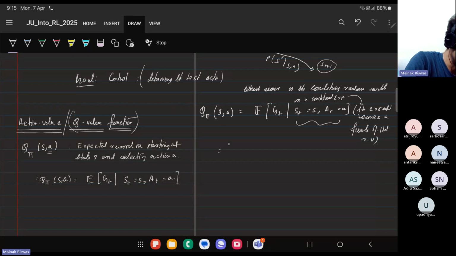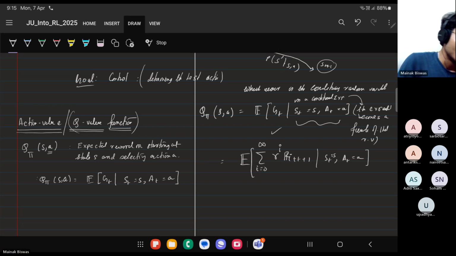Fine. So now, again, same way, I'll write this as expected value of summation of I equal to 0 to infinity, gamma to the power I, r to the power I plus t plus 1, given S T and A T. So this is what we are defining this as.